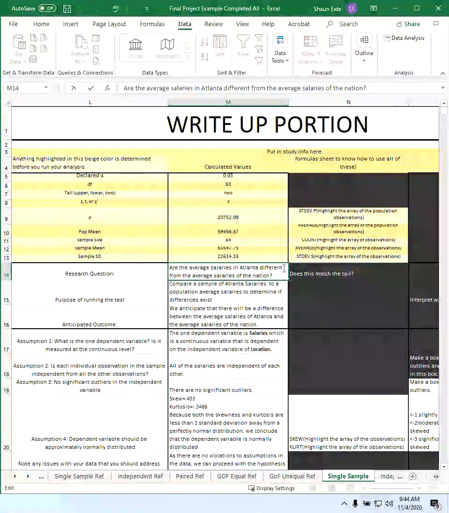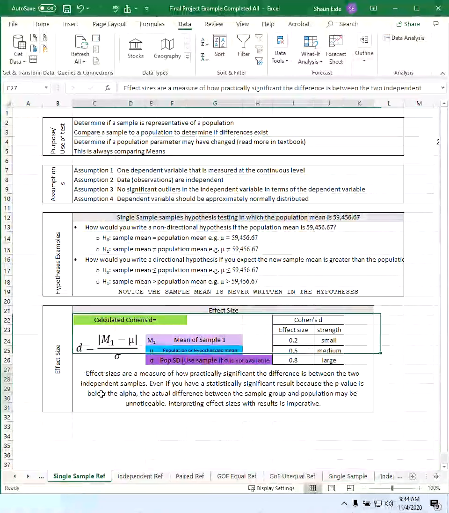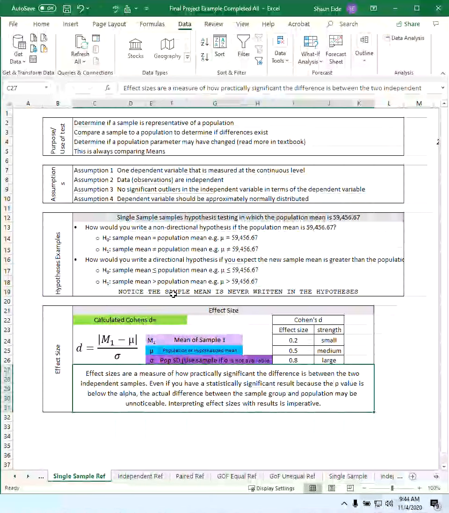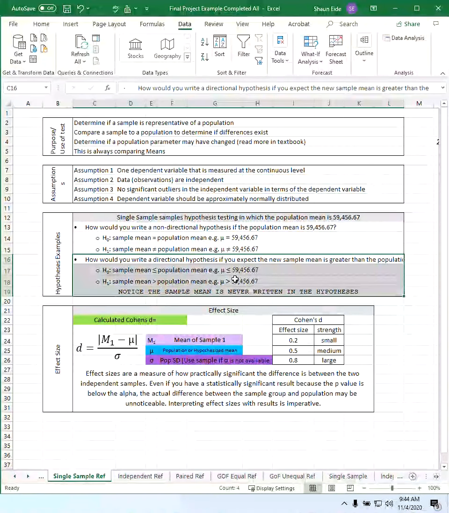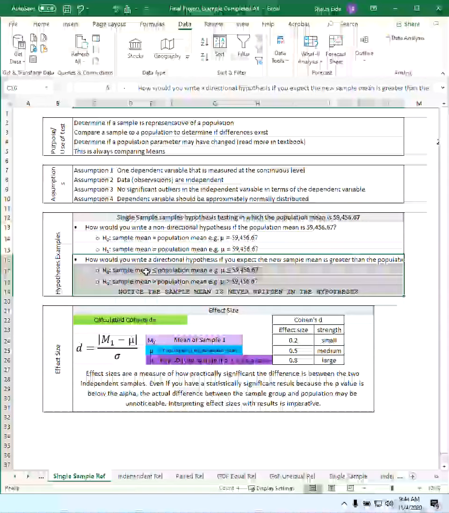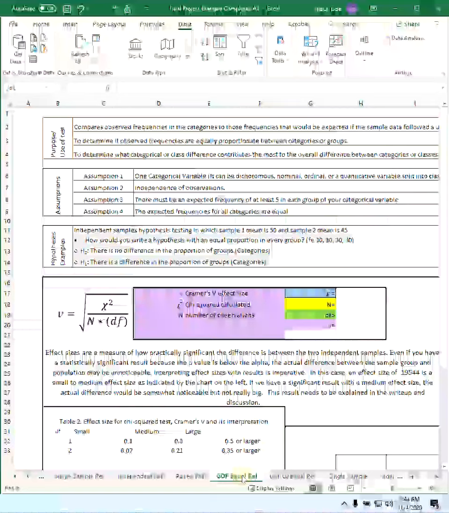That would be if that was a one tail test. Or you could also say less than, depending on the tail. Is it an upper tail or lower tail test? And once again, with an upper tail and lower tail test, there's an example right here of how to write that. The sample mean less than or equal to, so on and so forth.